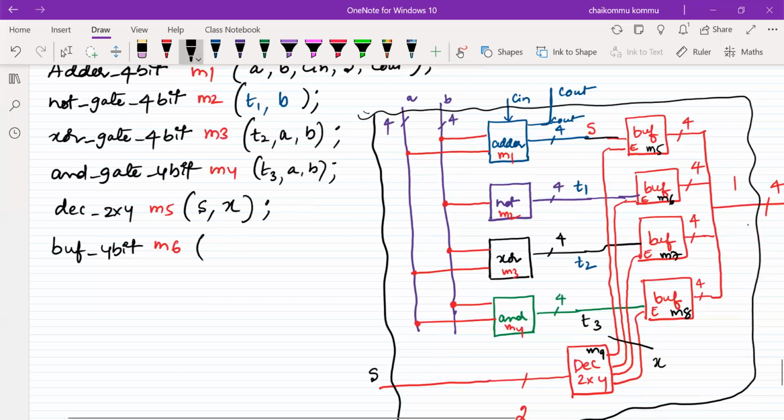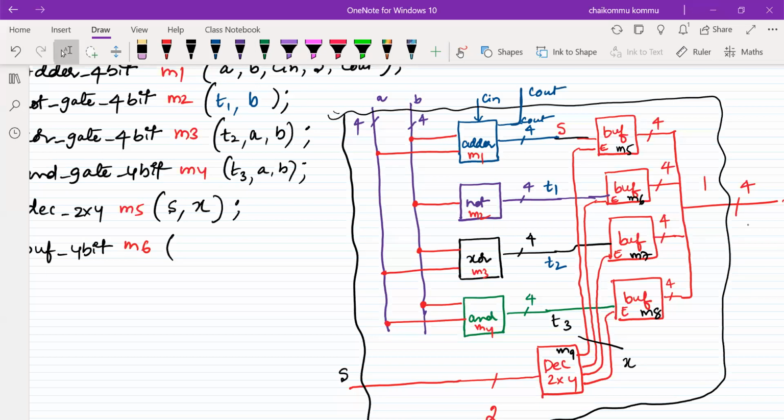The first is the input, then enable, then output. First is Y, next enable X of 0, next Y.